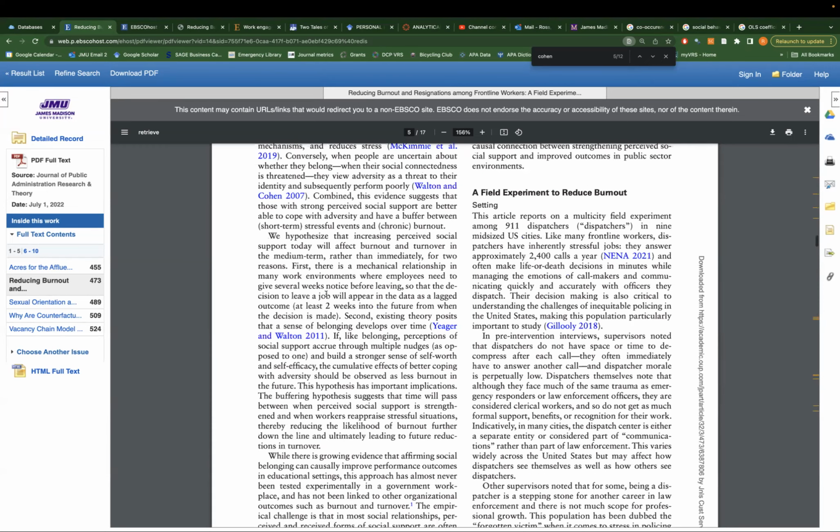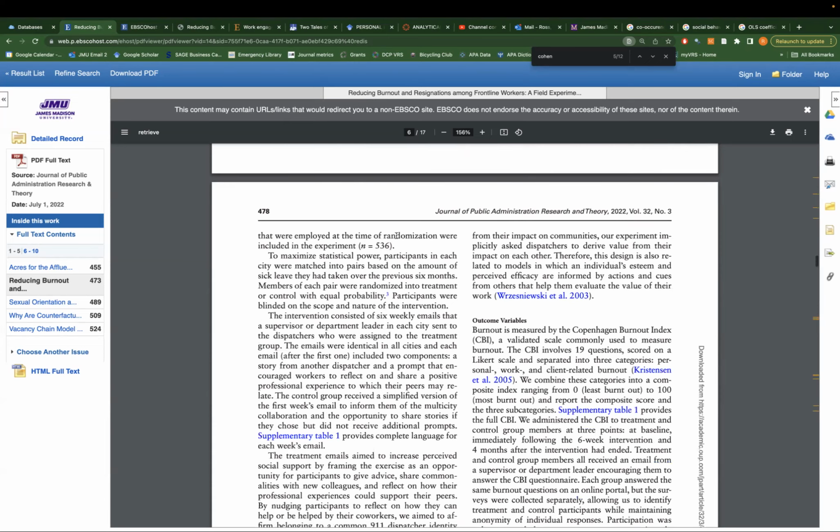That's a key part of an experimental design. In fact, they had matched pairs, so that the people in the control condition versus the treatment condition were pretty similar to one another on a couple of key variables, and then they randomly assigned these matched pairs into each group.